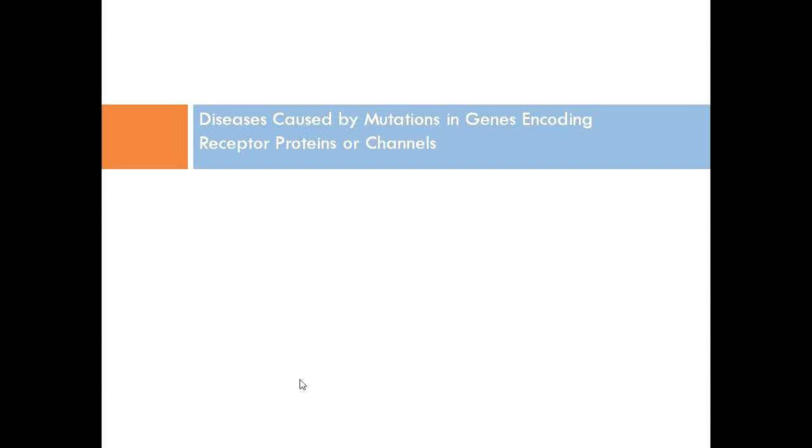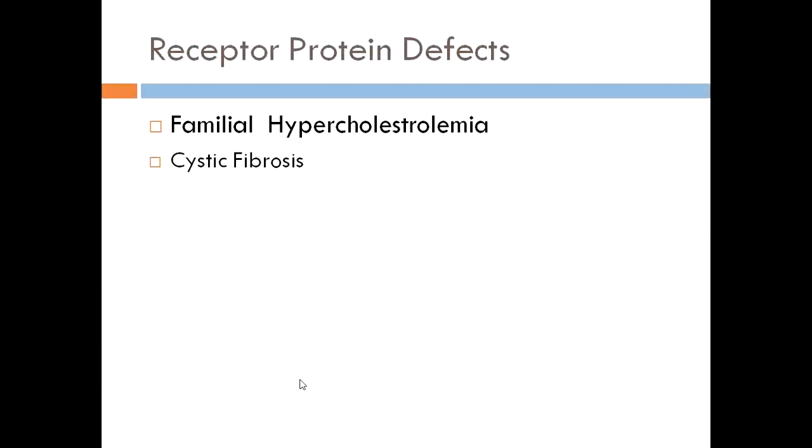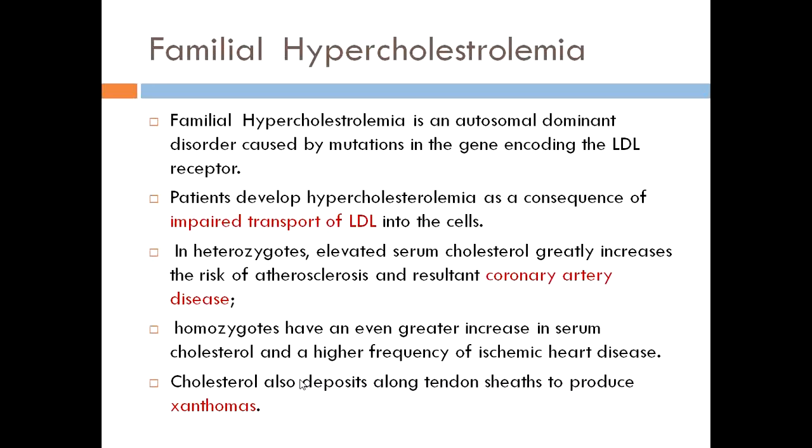So the third group is diseases caused by mutations in genes encoding receptor proteins or channels. It includes familial hypercholesterolemia and cystic fibrosis. Familial hypercholesterolemia is an autosomal dominant disorder caused by mutation in gene encoding LDL receptors. Patients develop hypercholesterolemia as a consequence of impaired transport of LDL into cell.